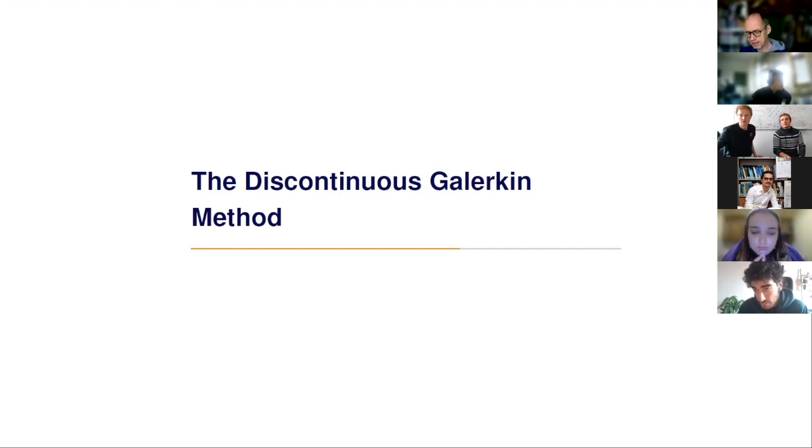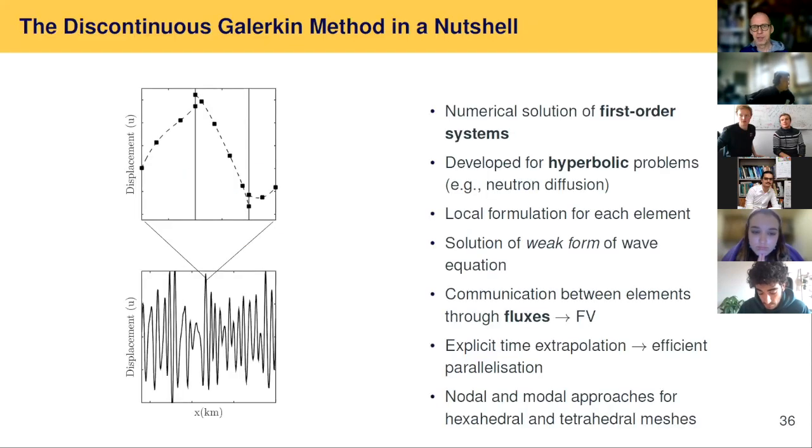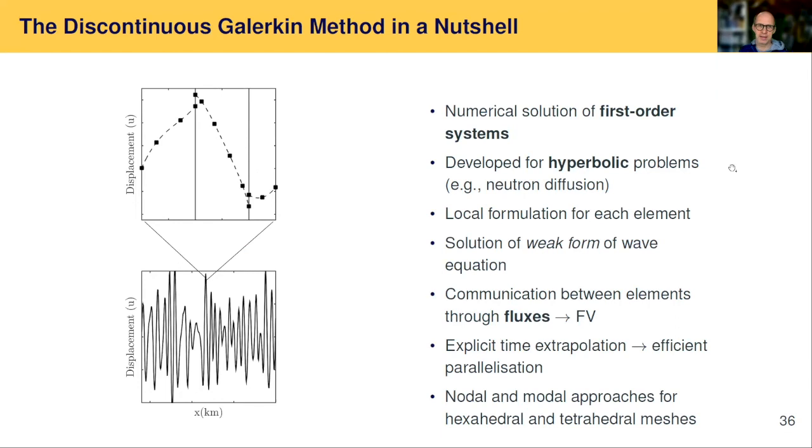We've seen in the finite element spectral element method that the fields were actually touching or continuous at the element boundary, and this will no longer be the case. Now we'll have fields that are discontinuous at the element boundary, and that's one of the key aspects of this method.